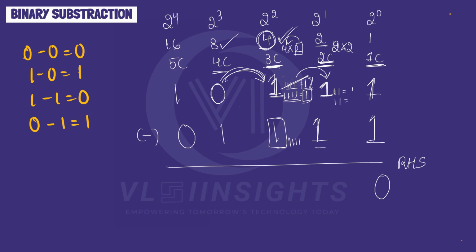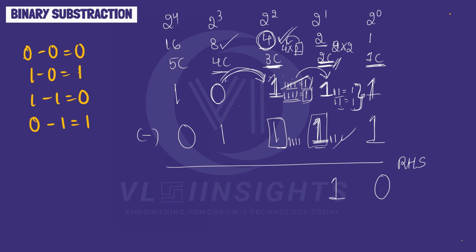So we have two ones, each of weightage 2. Now in the second column we can observe what is the weightage of this one. It is also 2. So here we have two ones, each of weightage 2, and here we have 1 1 each of weightage 2. So nothing but 2 minus 1, nothing but 1.